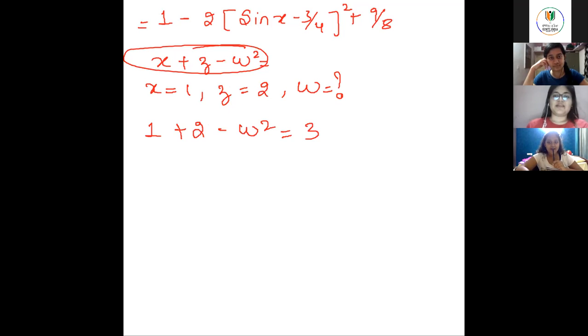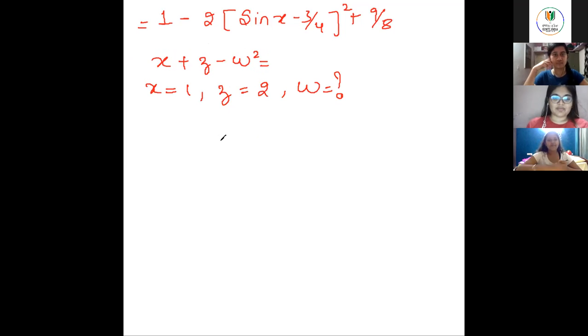Okay. Let's do some exercise over here. You only do it. Write x plus z minus w square. Anyone who has a doubt here, write this down: x plus z minus w square. Take x is equal to 1, z is equal to 2.